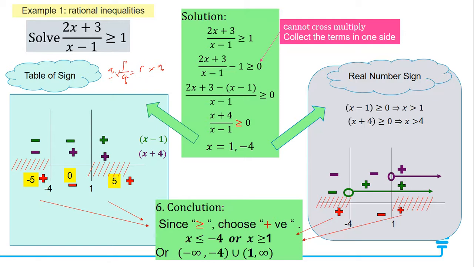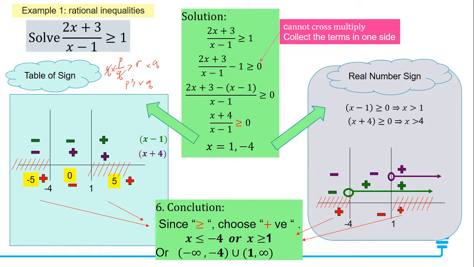The denominator just crosses over to the other side. But now, let's say I have P over Q greater than R. I couldn't say that I multiply Q, so this cancels off, and I get P greater than RQ.